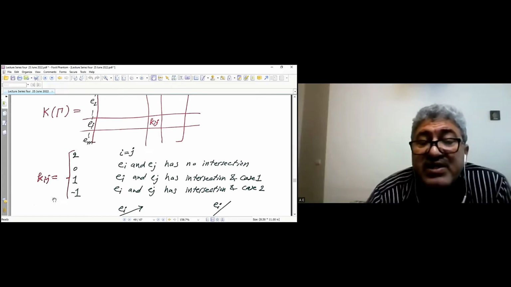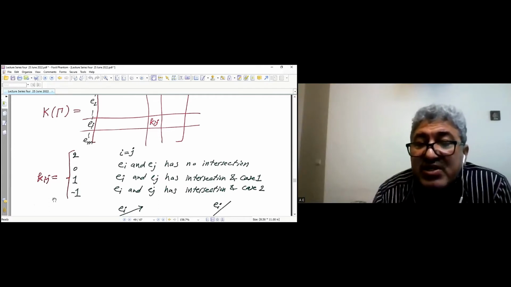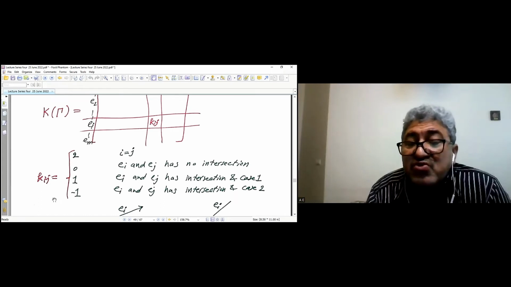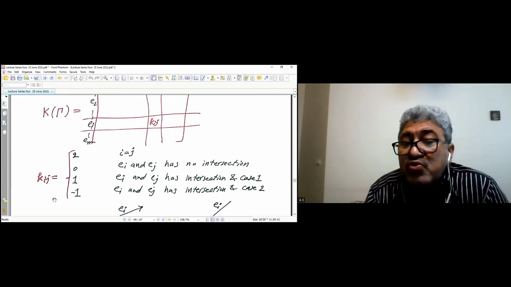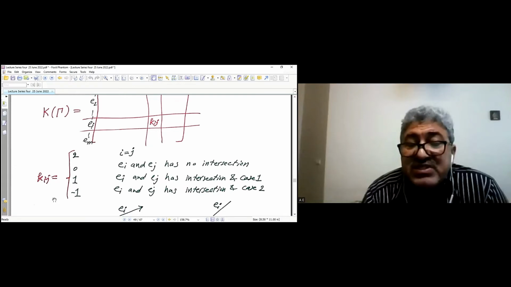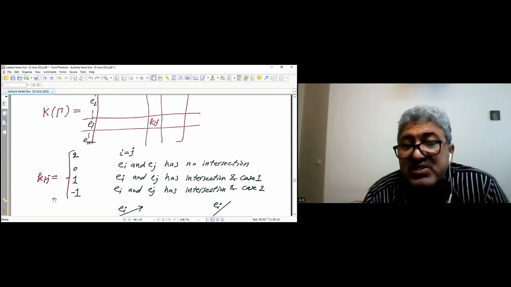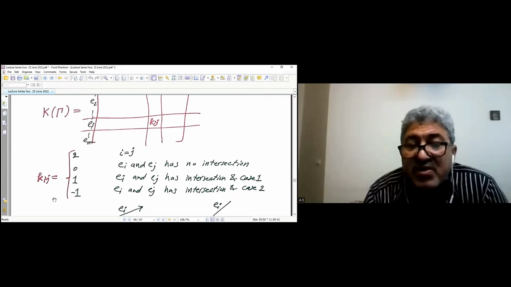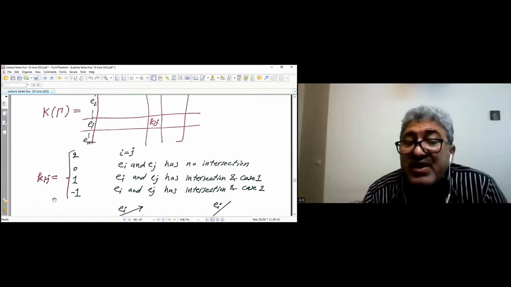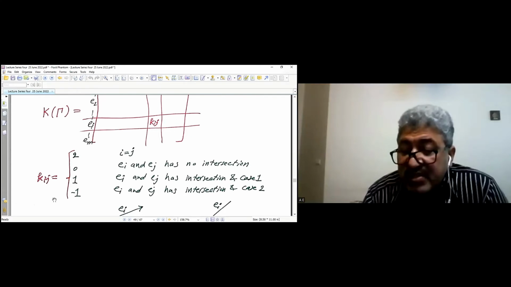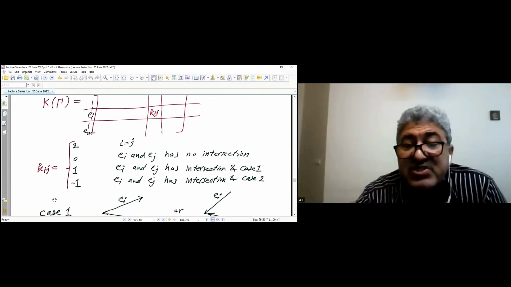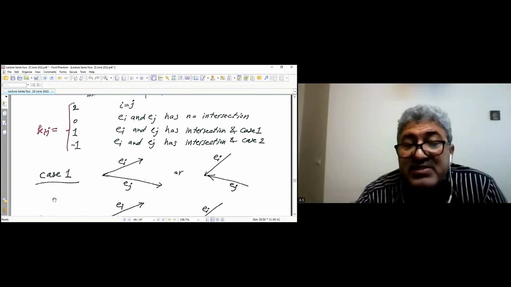Now, if i is not equal to j, so we have 2 distinct edges, E_i and E_j, we have 2 more cases. The first case is that E_i and E_j have no intersection. In this case, put 0 for the entry. But if E_i and E_j have an intersection, again we have 2 subcases.